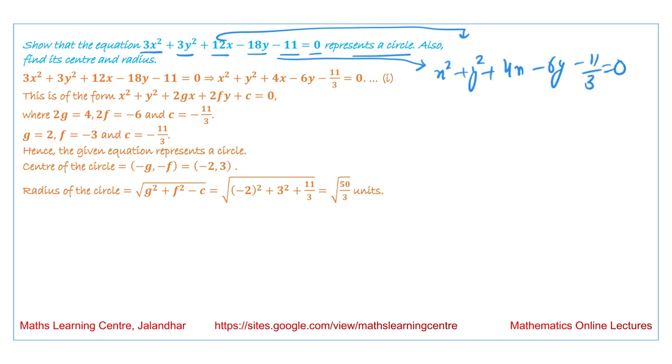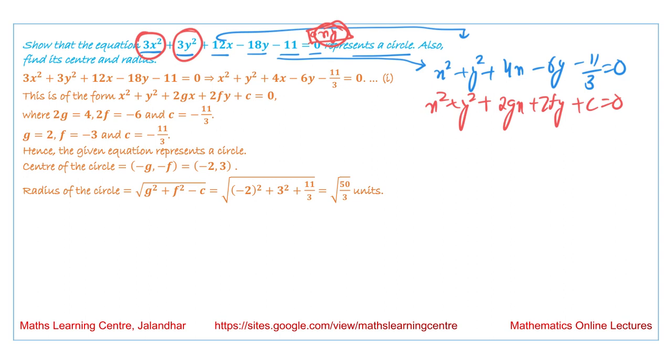We have written this equation in the form x square plus y square plus 2gx plus 2fy plus c is equal to 0. The coefficients of x square and y square are equal. There is no term of xy, the coefficient of xy is 0.